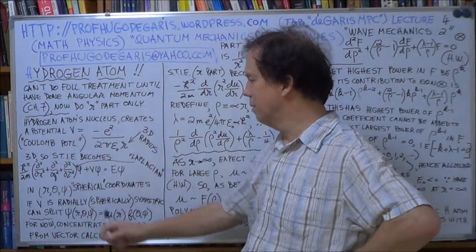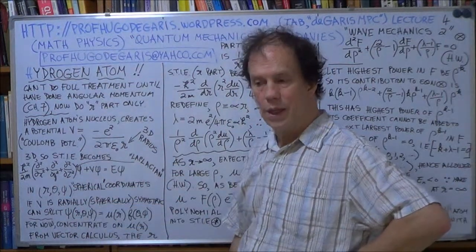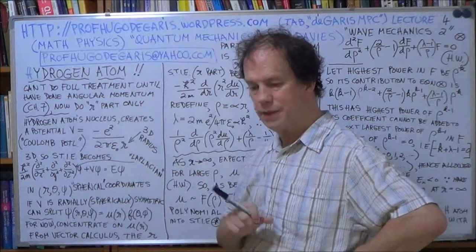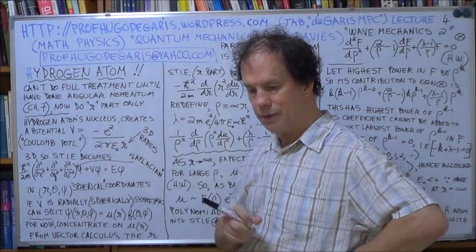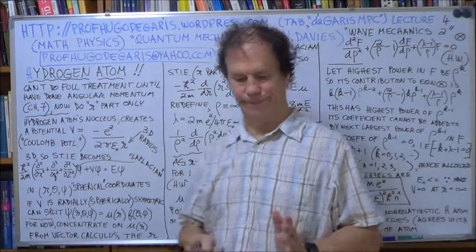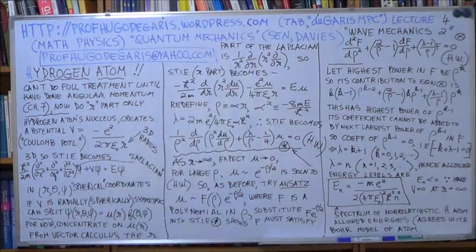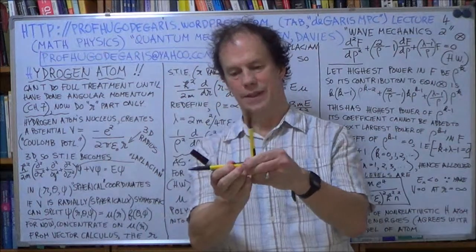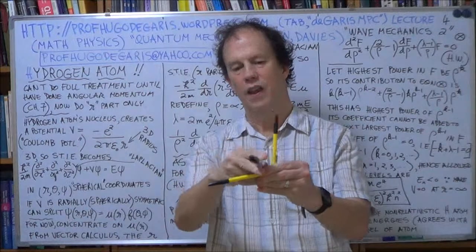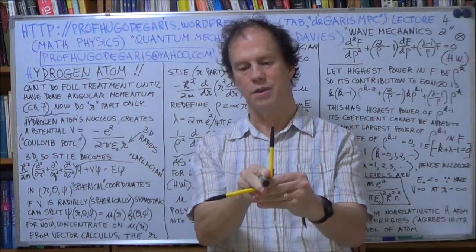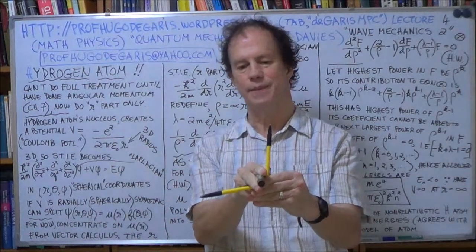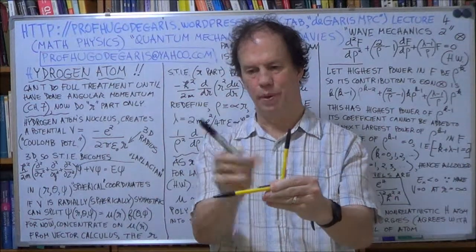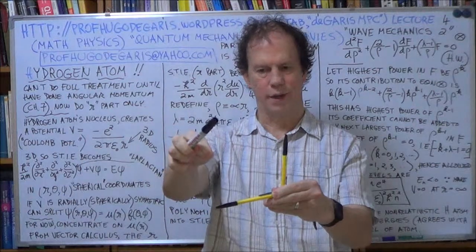But there's another one called spherical coordinates, where you position a point in space by giving its radius. So here are your x, y, z axes, right? Now imagine that you've got a point out here somewhere.